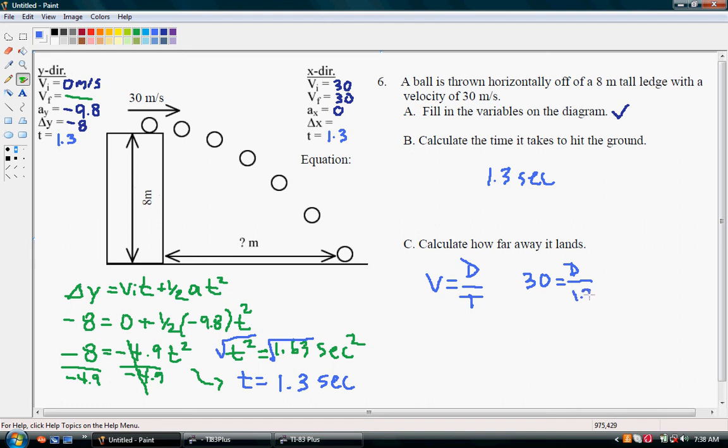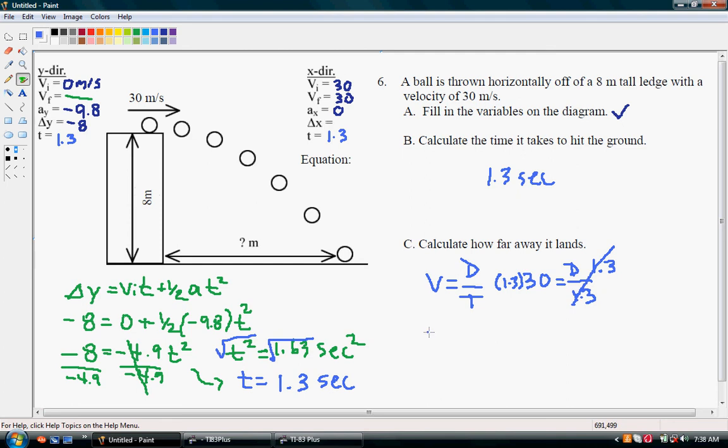It is 1.3 seconds. So what we're going to do is we want to get this distance by itself. So we have to multiply both sides by 1.3. This cancels, and we can put 1.3 over on this side. So distance actually equals velocity times time.